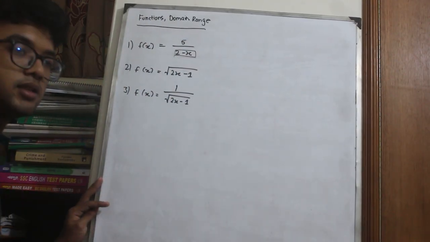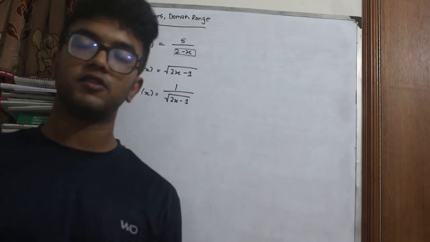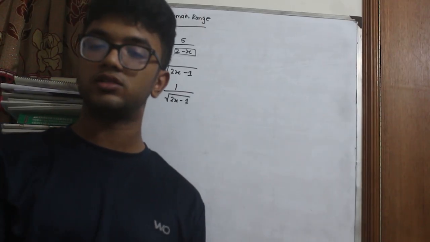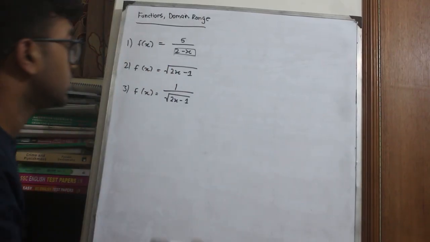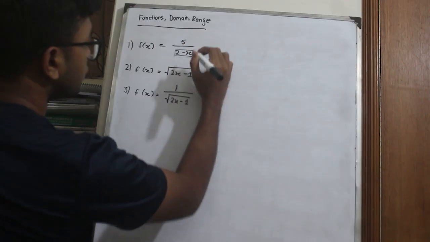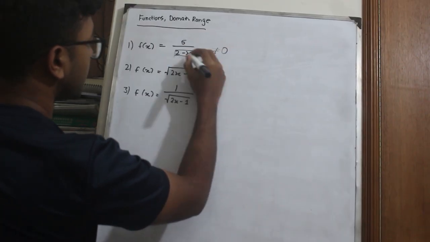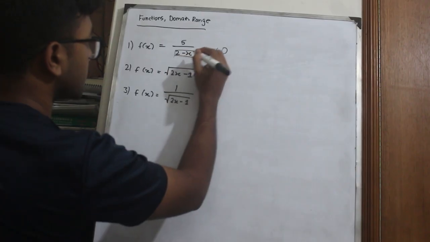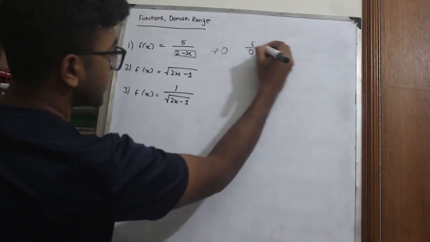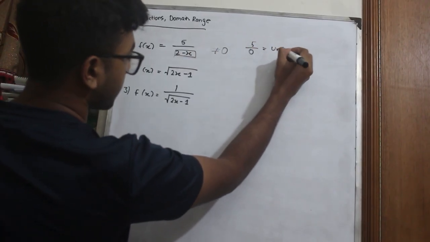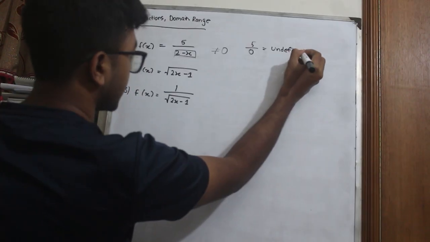The condition on the denominator of a fraction is that the denominator can never be 0. So this expression right here, 2 minus x, cannot be equal to 0, because if this whole expression is 0, then it would be 5 by 0, which is undefined. So we definitely can't have that.